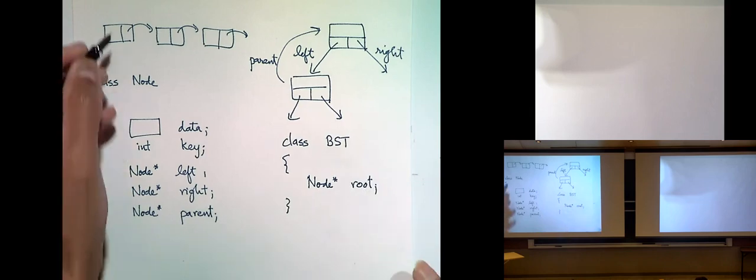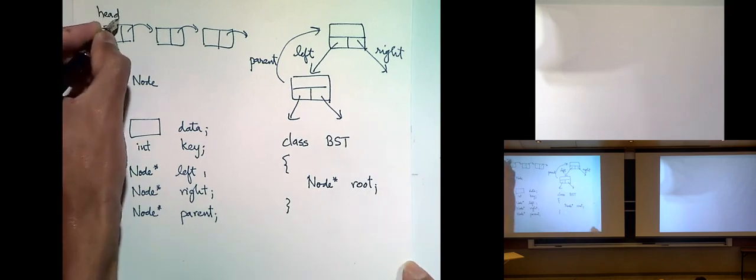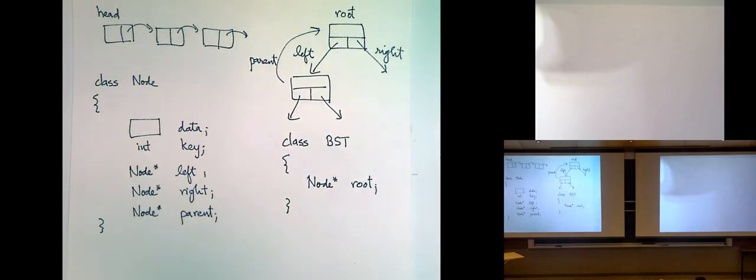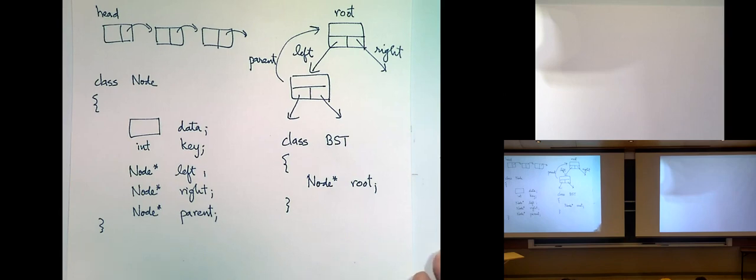Just like you have the head in a linked list, in a binary search tree you have this node called the root. So these are the basics of a binary search tree.